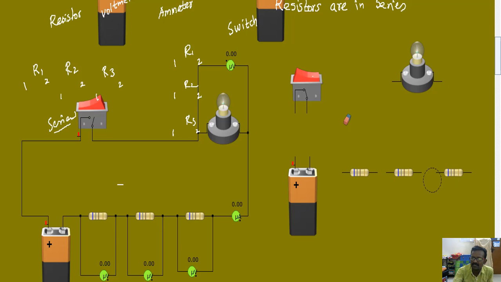Now I am going to connect them in series. What does series mean? Okay, now I connect this one. Connect this one. Now this is connected with this set. This switch is connected with this one. Now I connect this. Then this is called the serial connection.